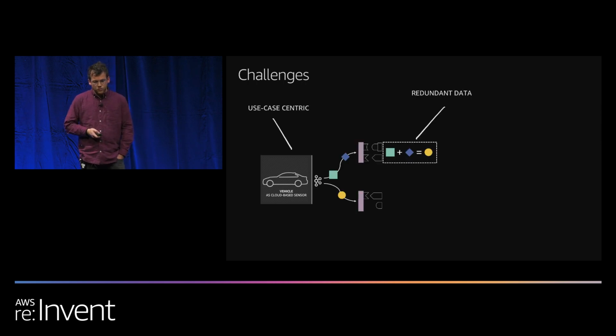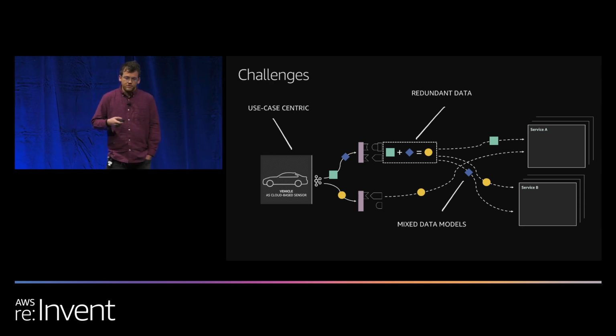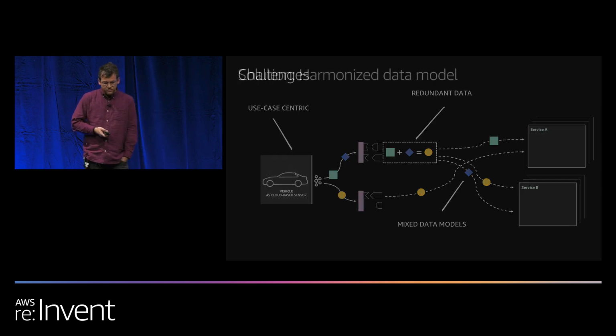However, if you are an application who wants to consume this data, such redundant data collection introduces a lot of complexity. And those mixed data models are also often really use case centric, and some of them are well documented, but also some of them are not.